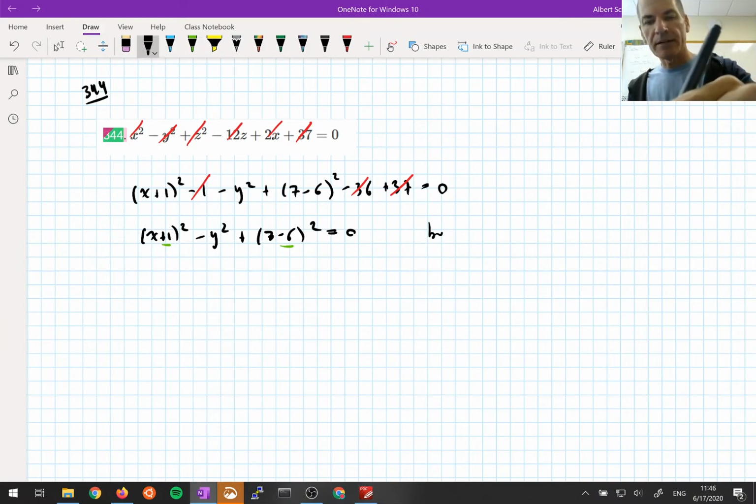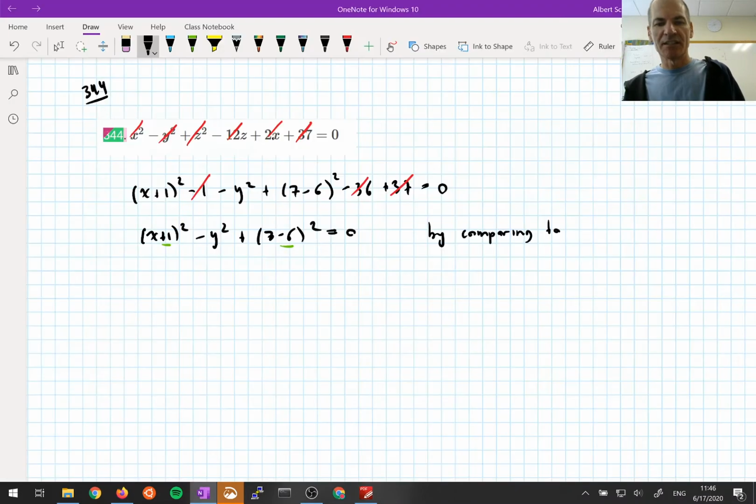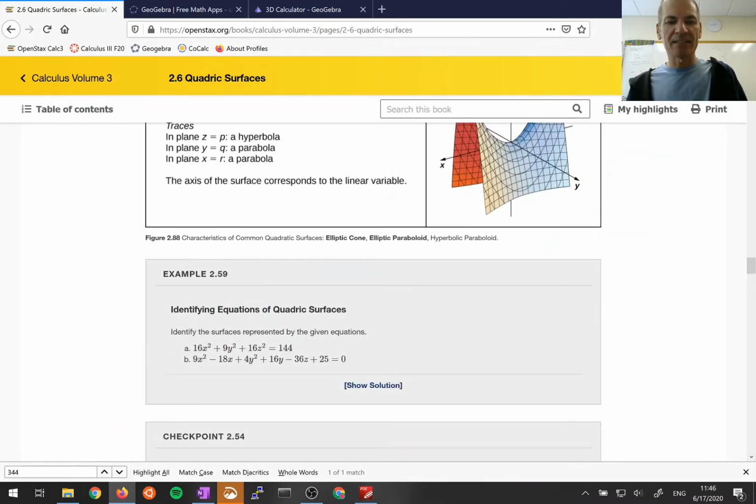So by comparing to the characteristics of common quadric surfaces, I wonder if it has a label. Yeah, figure 288.